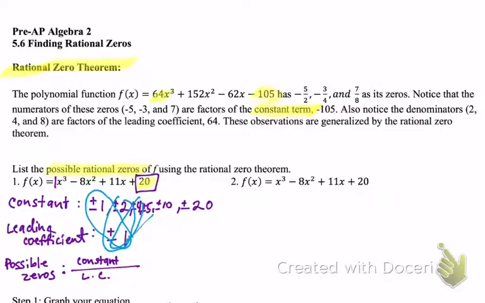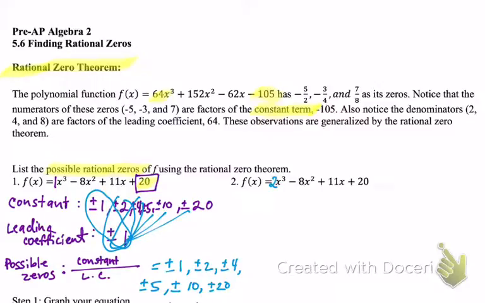So I'm connecting every single combination of all of them. Conveniently, the leading coefficient is just 1, so I'm literally just going to write out all of the factors again. 1, 2, 4, 5, 10, 20.